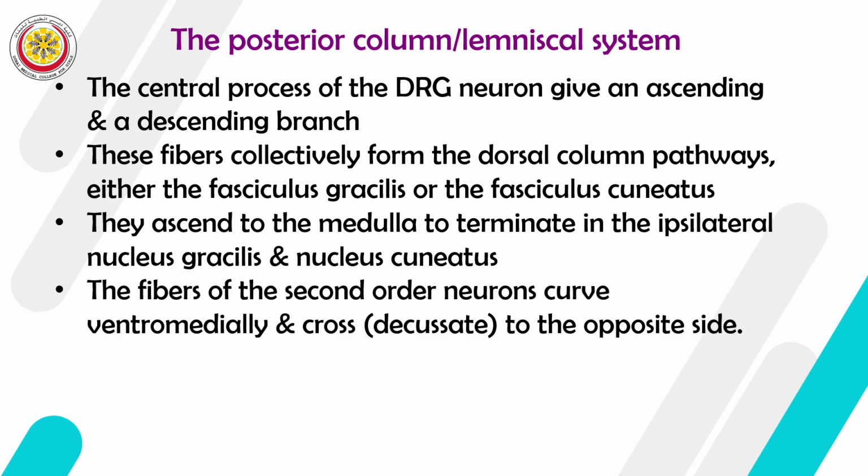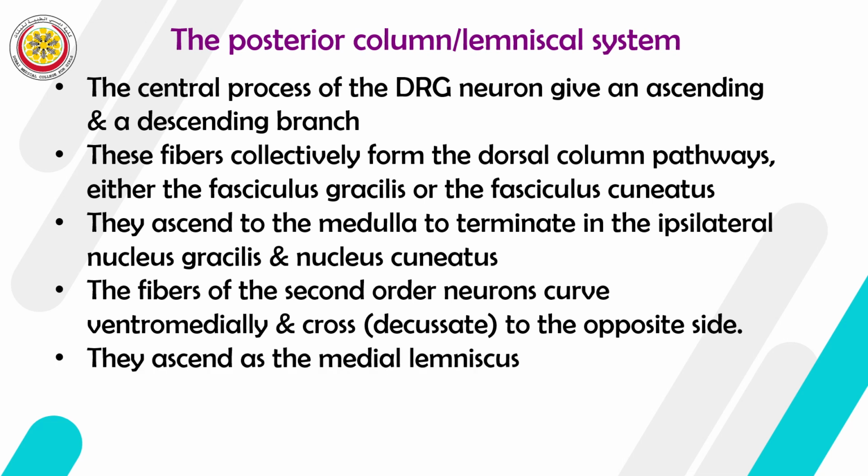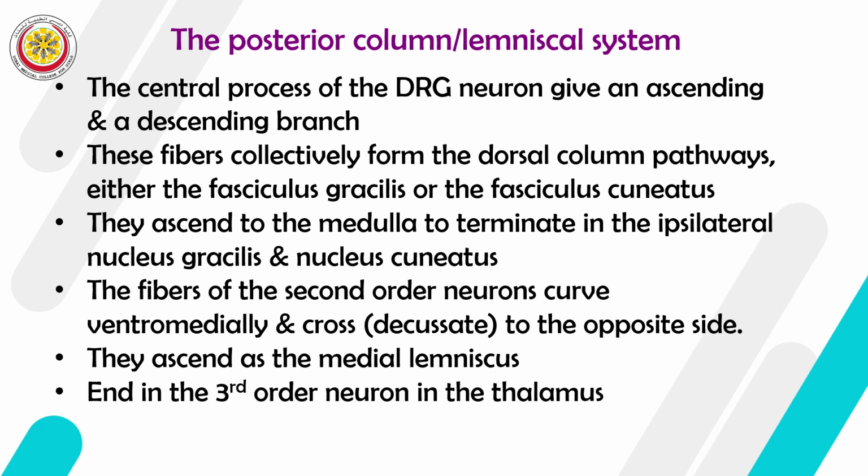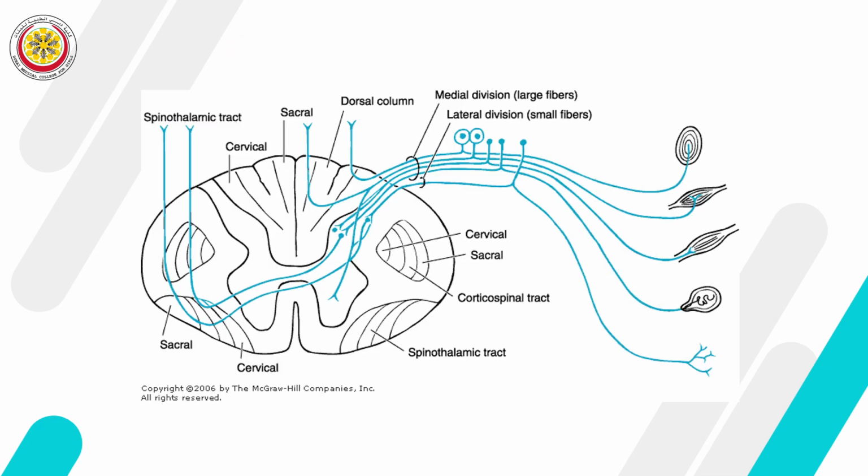Now in the medulla, in the ipsilateral nucleus, so same side, the nucleus cuneatus and gracilis, the fibers of these second order neurons decussate and cross to the other side, making the medial lemniscus. Now the third order neurons are in the thalamus.